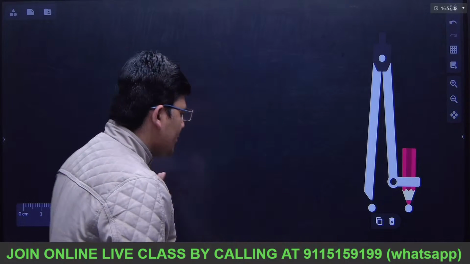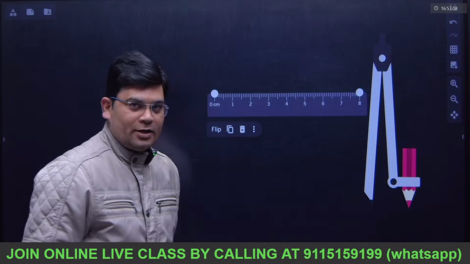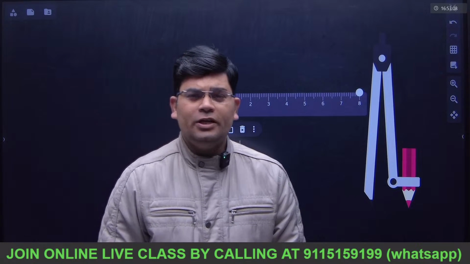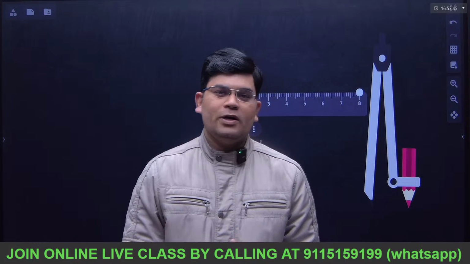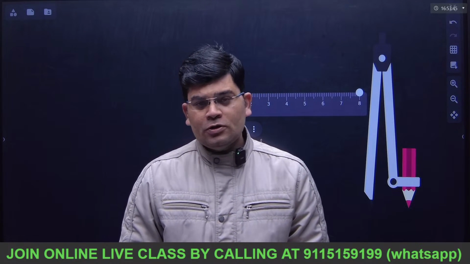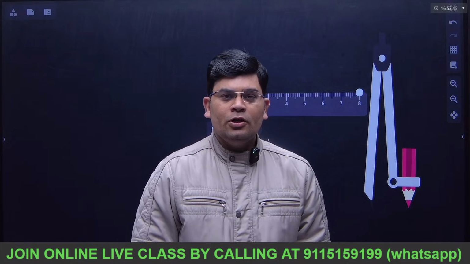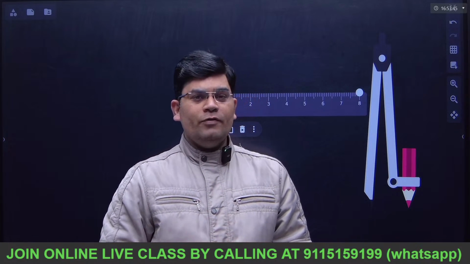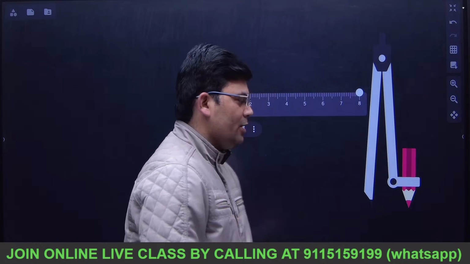So this is the compasses, and this is the ruler. These are the two things that we need to make a circumcenter. First of all, you must understand what is a circumcenter. So circumcenter is a name given to the center of a circle which circumscribes a triangle.